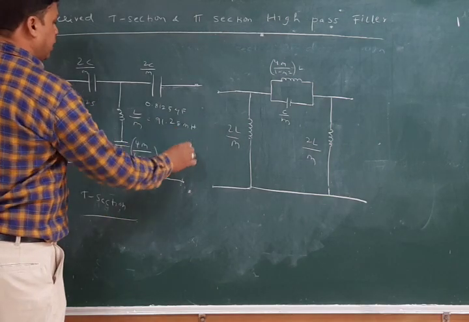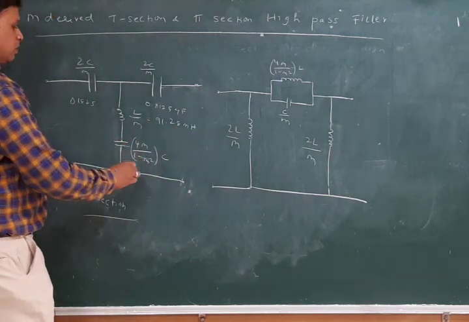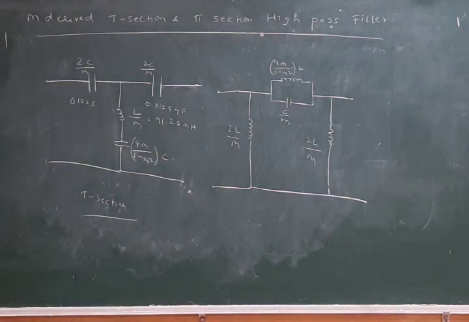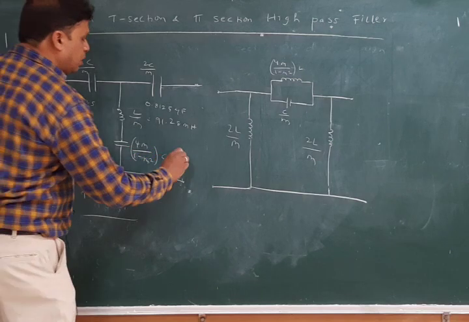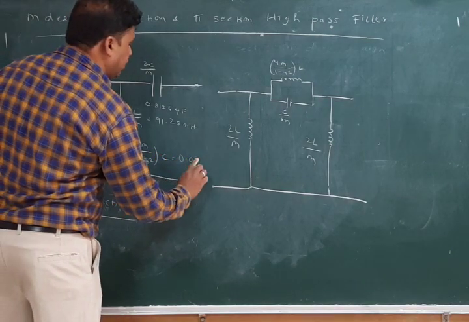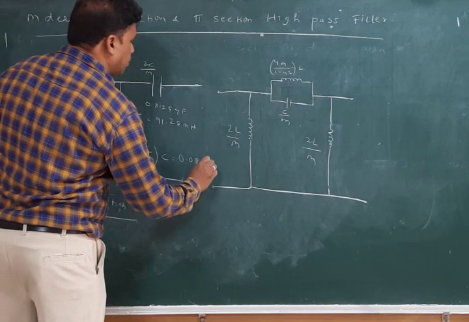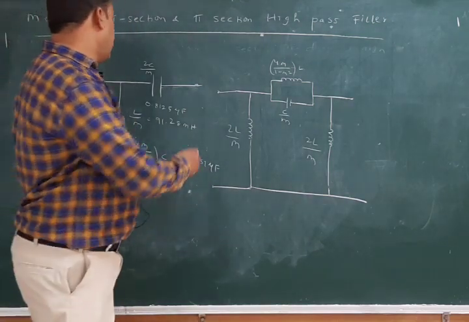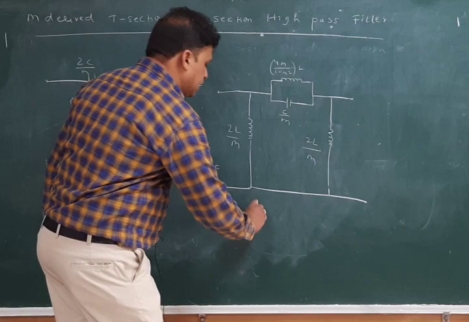So, we will get this 91.28 millihenry and 4M by 1 minus M square into C. This value is also there, that value is 0.0857 microfarad.